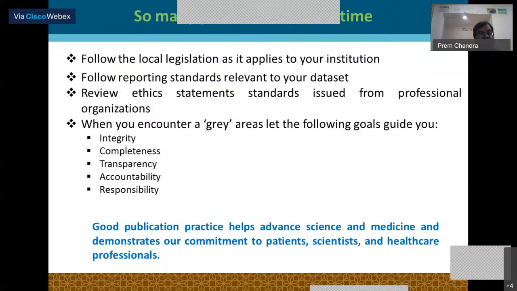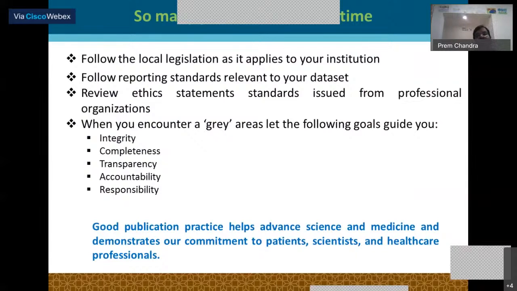When you conduct an RCT in, let's say, chronic disease, or in other therapeutic areas, make sure that you include all the components which are essentially required to report and conduct RCTs in that particular therapeutic area. And review the ethics statement standards issued by professional organizations.